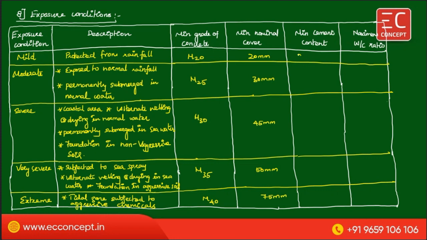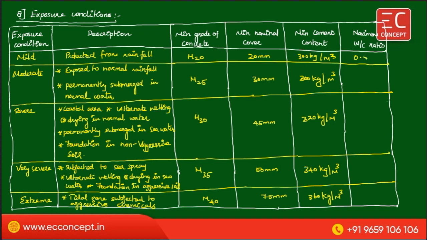The minimum cement content is 300 kilogram per meter cube, next also 300, then 320, 340, and 360 kilogram per meter cube.